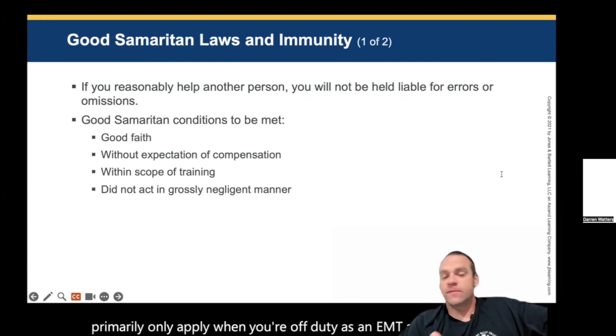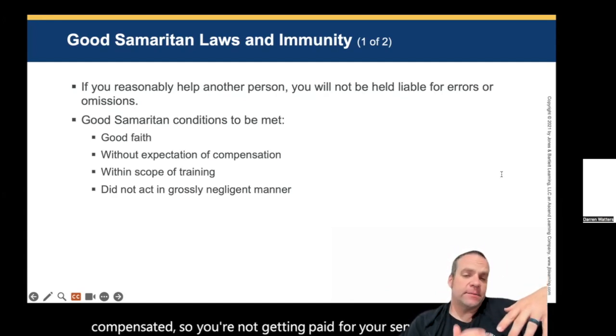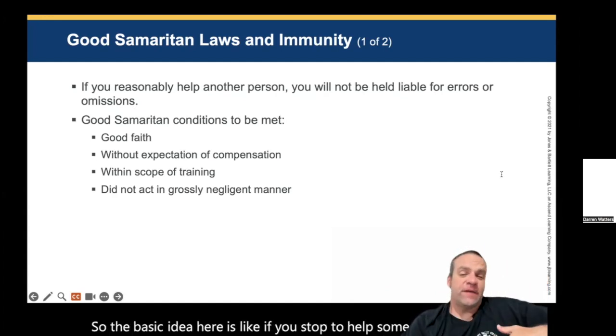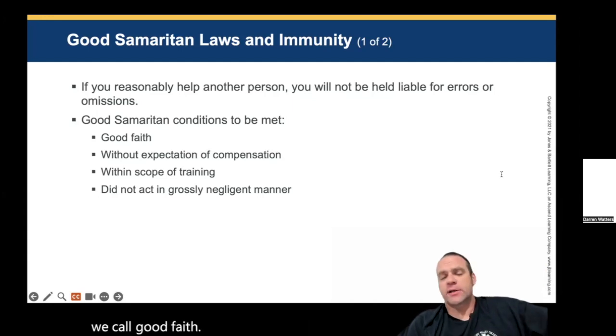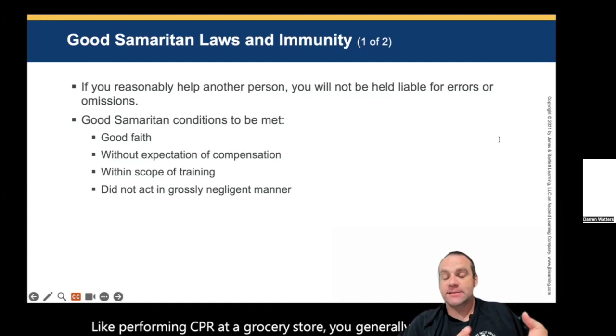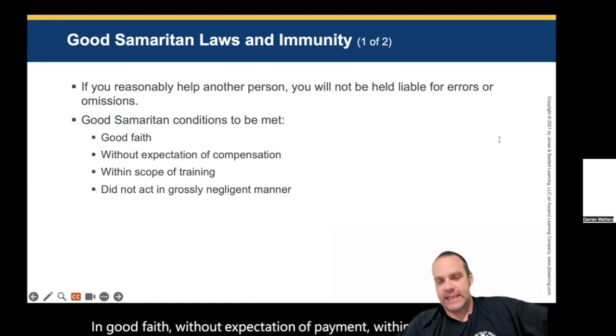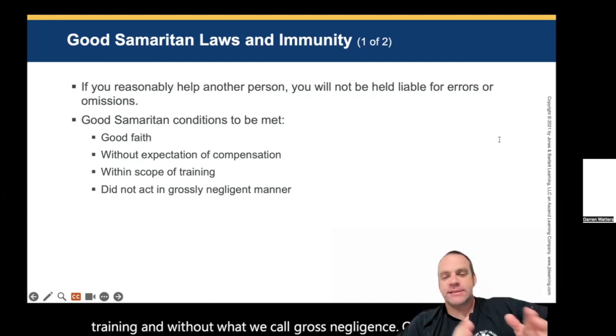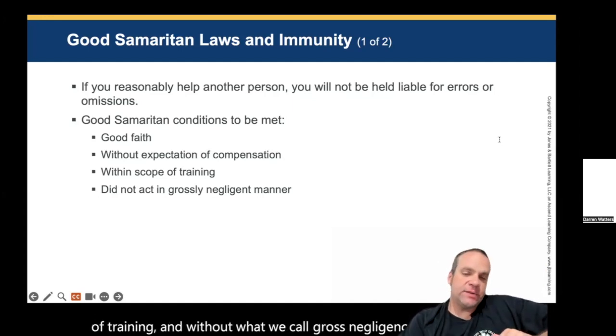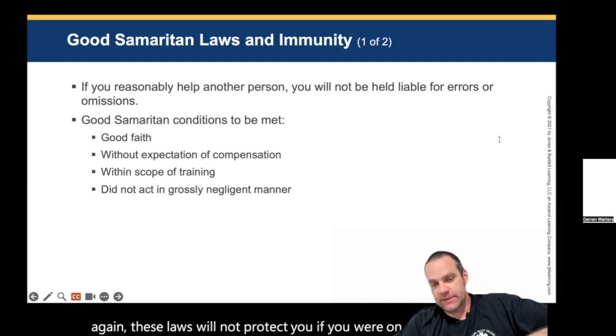The basic idea is that if you stop to help someone in good faith, like performing CPR at a grocery store, you generally won't be held liable for mistakes as long as you acted in good faith, without expectation of payment, within your scope of training, and without gross negligence. But again, these laws will not protect you if you were on duty or getting paid for your services.